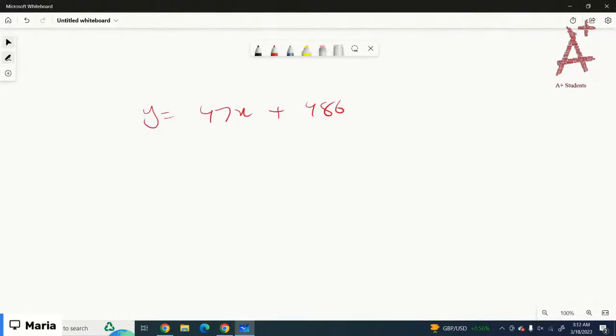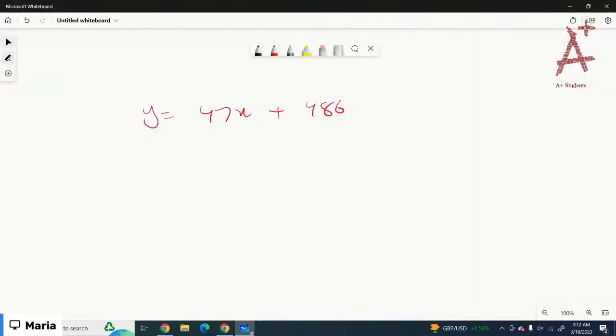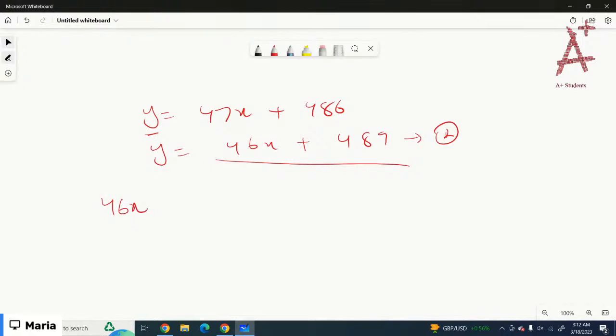And the second equation: the sophomores have spent $489 so far, and still they need to purchase at $46 per roll. So it would be y equals 46x plus 489. So just substitute one equation into the other. I'm going to substitute 2 in 1. Just replace this y with the value. It would be 46x plus 489 equals 47x plus 486.